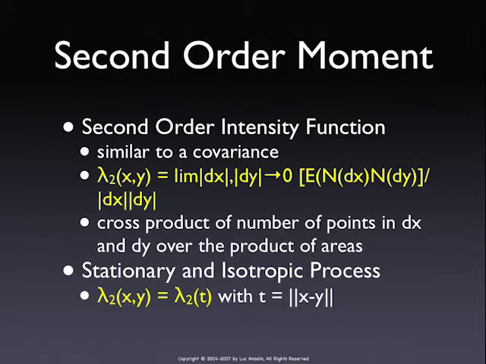The intensity was easy. You just take an area, count the number of points, divide by the area of the region. This is not that straightforward because we have to take 2 areas and somehow take the number of points in each of these and divide by the area and then multiply them together. So that's a little more difficult to grasp.